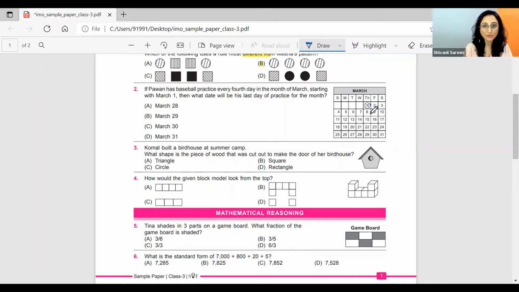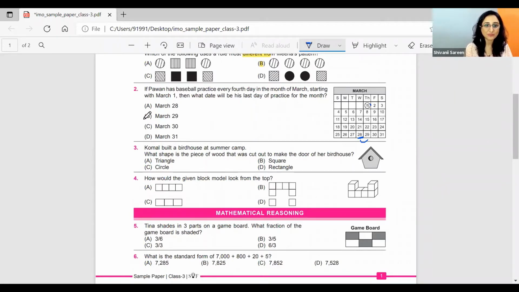So how can you do it easily? Now think the table of 4 and what is the last day that would fall in the calendar in the table of 4? It would be 28. 4 sevens are 28. Now since the practice was on 1st also, we need to jump 1 day ahead. 29th would be the last day of the practice.